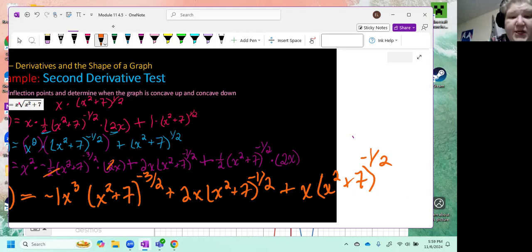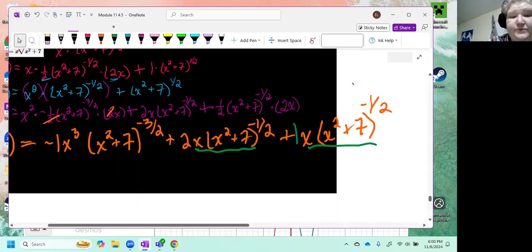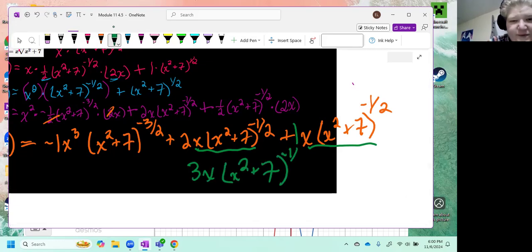So those, strangely enough, are like terms. I have 2 crazy ugly plus 1 same crazy, same ugly, so I can count those together. 3 crazy ugly: 3x times (x squared plus 7) to the negative 1/2.